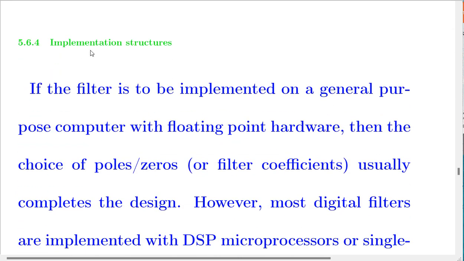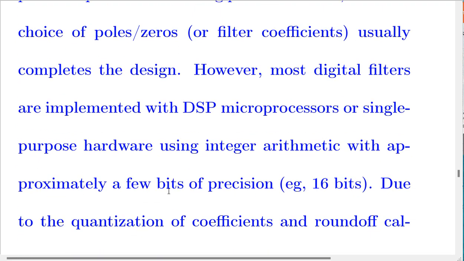Now, implementation structures. If the filter is to be implemented on a general-purpose computer with floating-point hardware, then the choice of pole zeros or filter coefficients usually completes the design. Okay? However, most digital filters are implemented with DSP microprocessors or single-purpose hardware using integer arithmetic with approximately a few bits of precision.